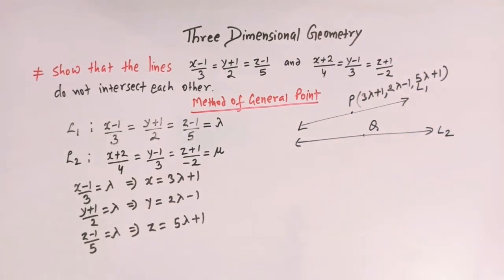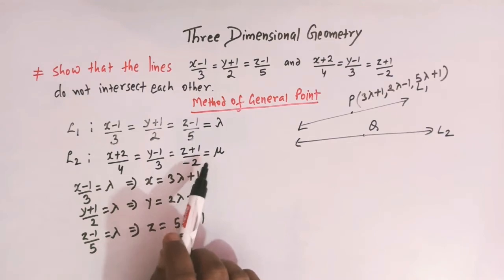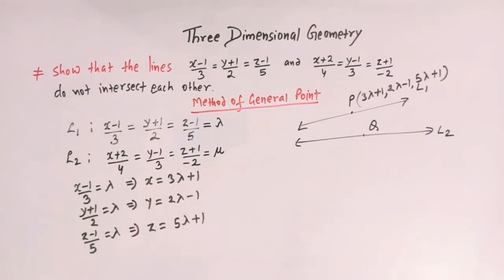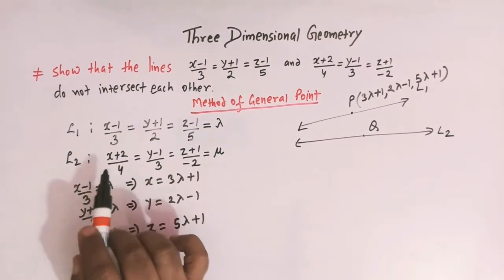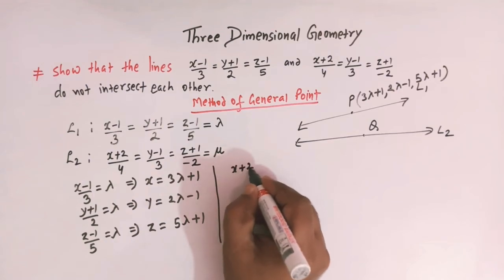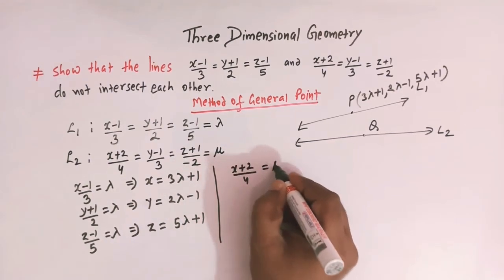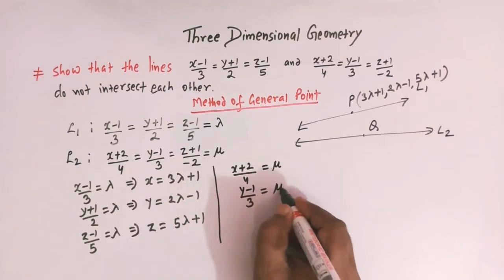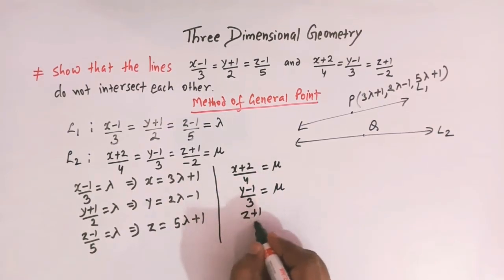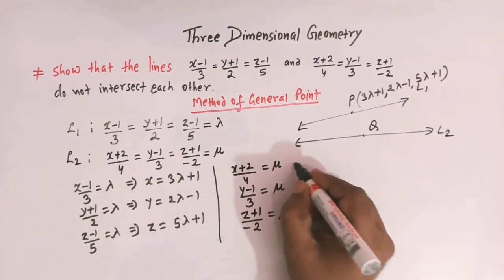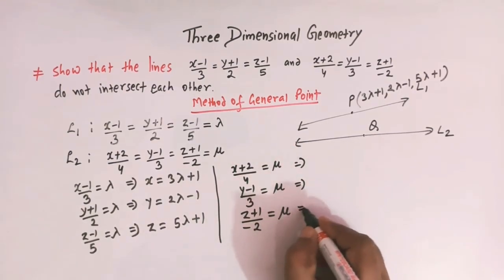Now similarly let us find the coordinates of the general point Q lying on line L2. We can write (x plus 2) over 4 is equal to mu, (y minus 1) over 3 is equal to mu, (z plus 1) over minus 2 is equal to mu. Let us arrange these equations.